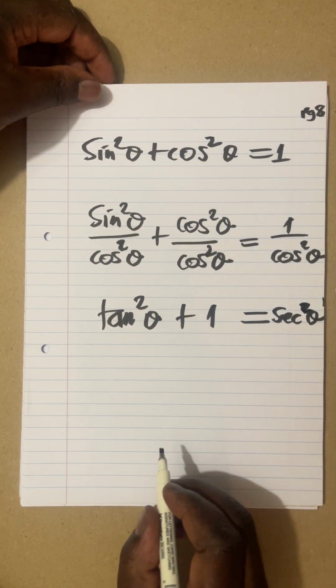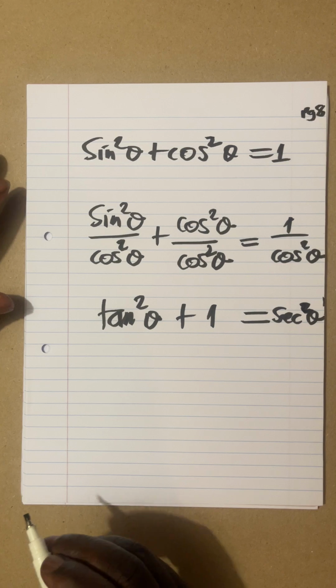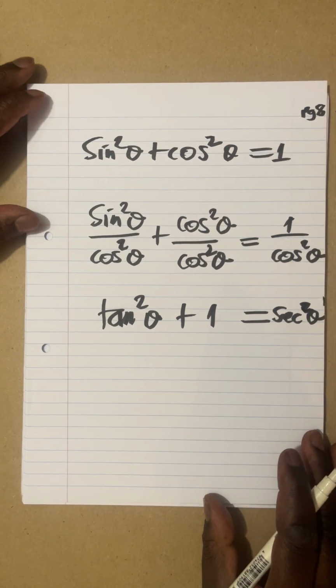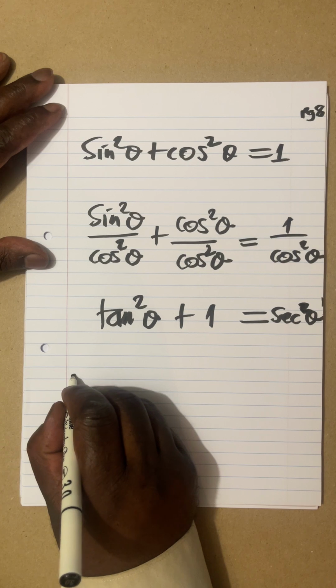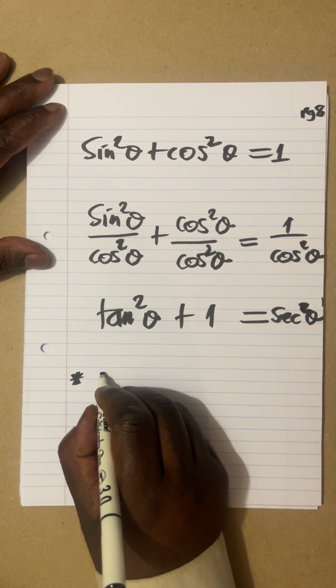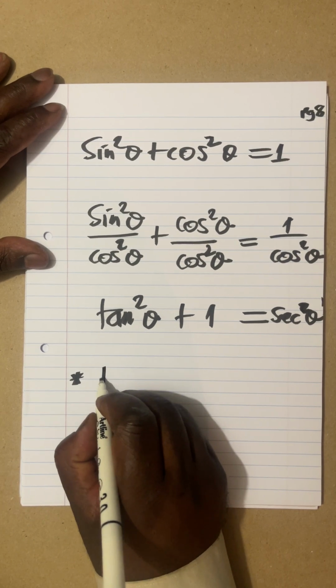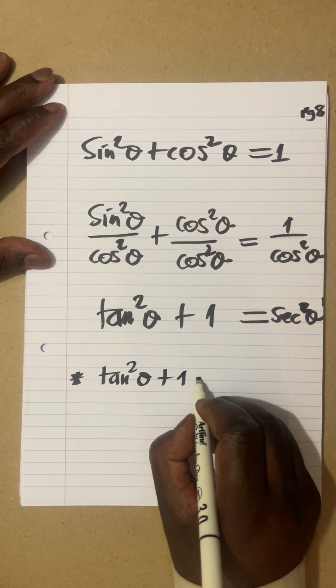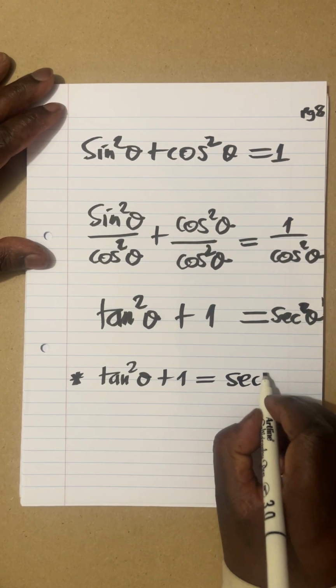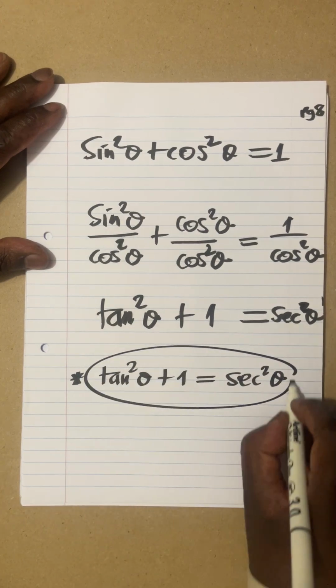So now we've established another point here. Take note, we are saying tan squared theta plus 1 is actually equal to sec squared theta.